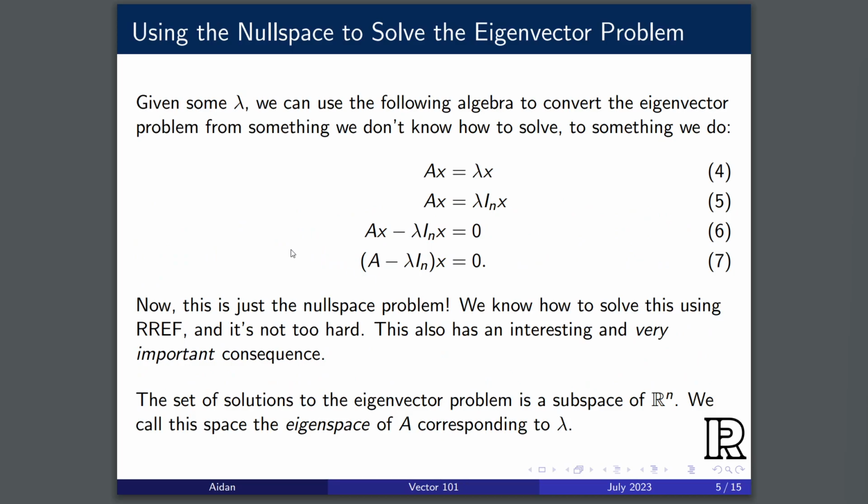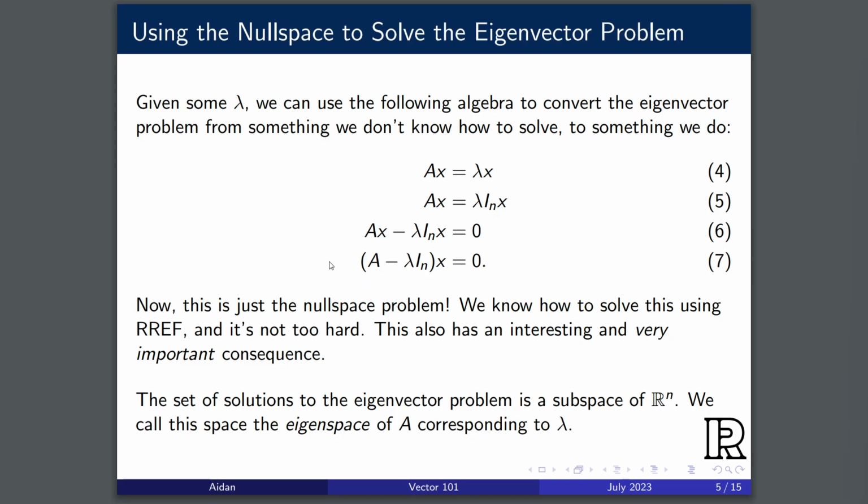And all we do to start out is we do a little bit of algebra. If you give me some lambda, then I can write the eigenvalue problem, which is equation 4. And this is the same thing as multiplying lambda times the identity matrix times x, because identity times x is always equal to x, so we can always add it. Then we can subtract the right-hand side to get this equation, and then we can basically factor out these matrices.